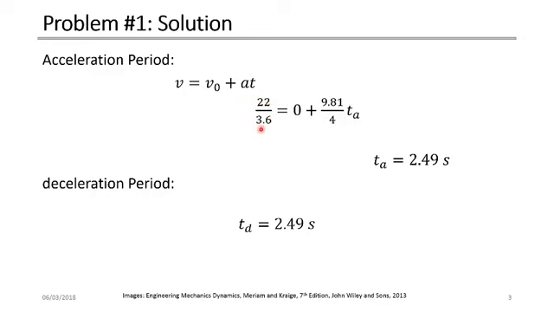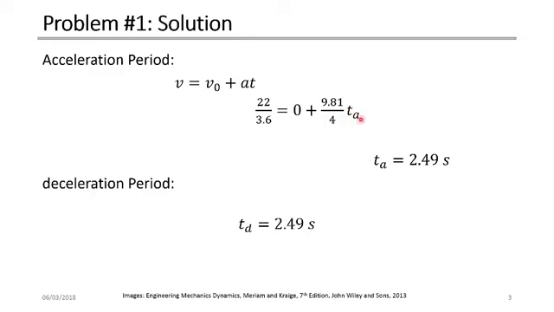If we divide this by 3.6, we convert it to meter per second. And then at the beginning, the elevator starts from 0. So at the beginning it's at rest, and then it starts to move. So the initial velocity is 0, plus the acceleration, which is 1/4 g, where g is 9.81, multiplied by the time.